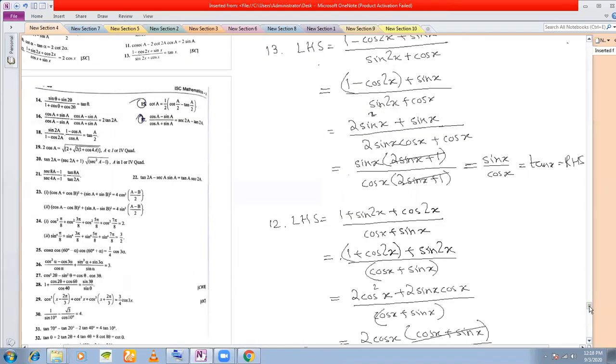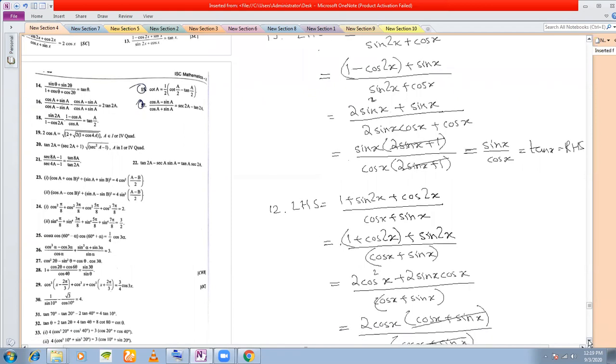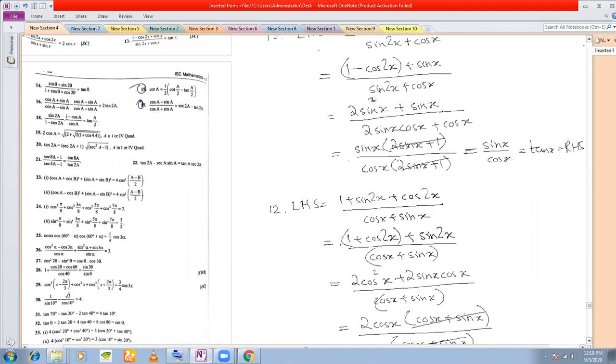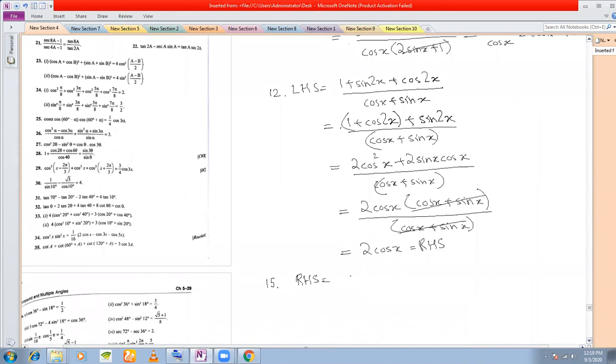The problem here is: prove that cot A is equal to half of cot A by 2 minus tan A by 2. So we start from the right hand side. Right hand side is equal to half of cot A by 2 minus tan A by 2.